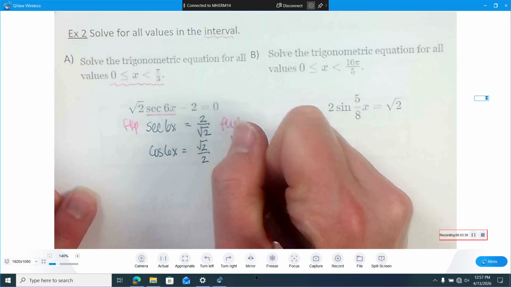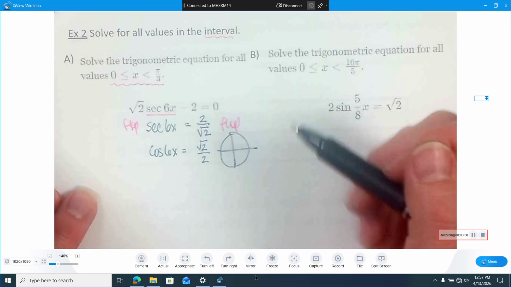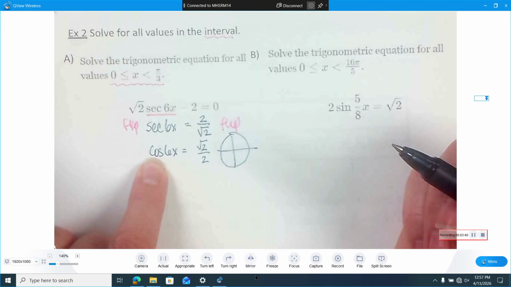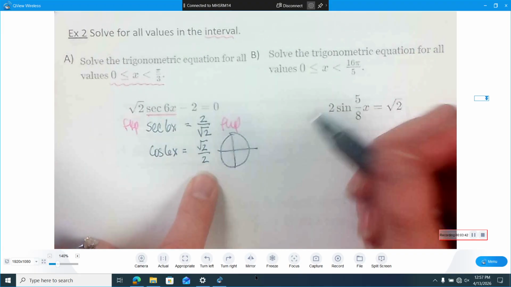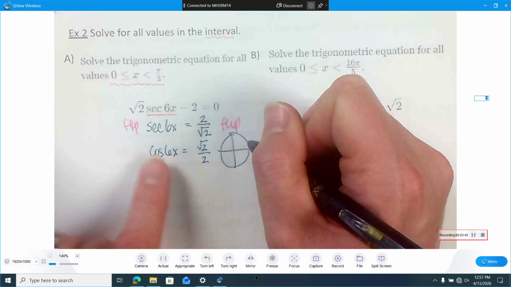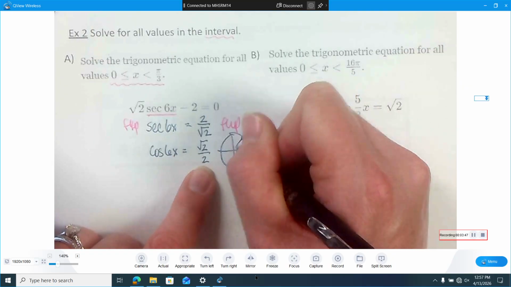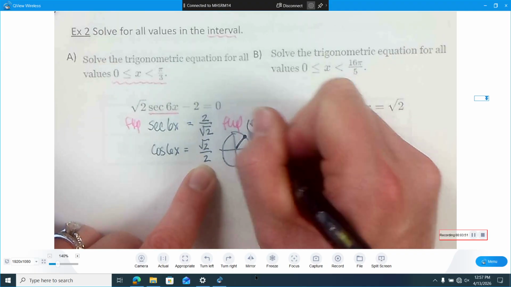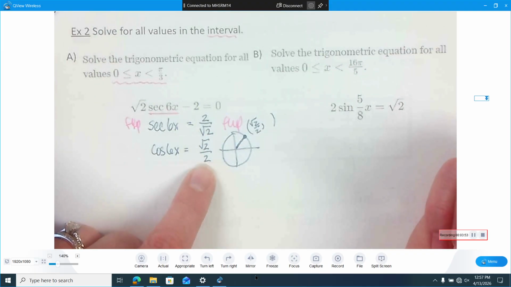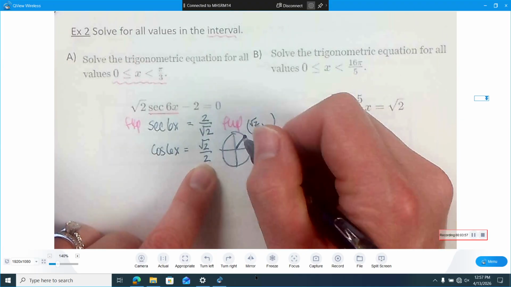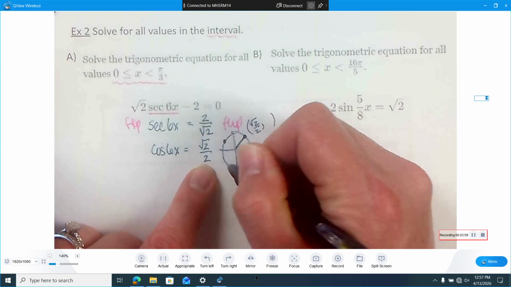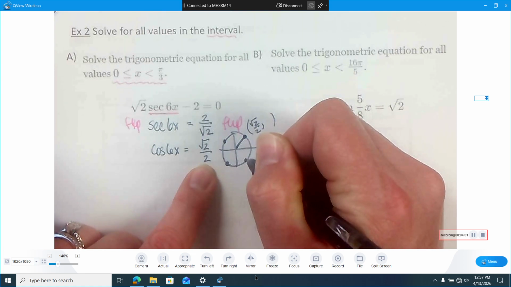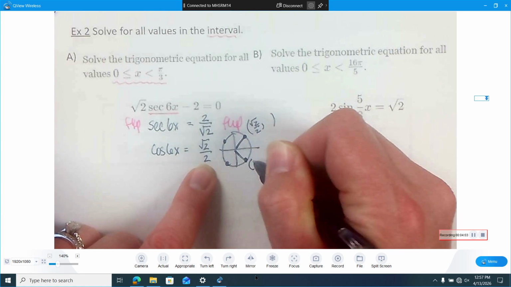And so what I'm thinking to myself is, in my unit circle, where is my x coordinate equal to radical 2 over 2, positive. So right here at pi over 4, I have the radical 2 over 2. Where else does cosine have a positive radical 2 over 2? 1, 3, 5, 7. Yeah, right here.